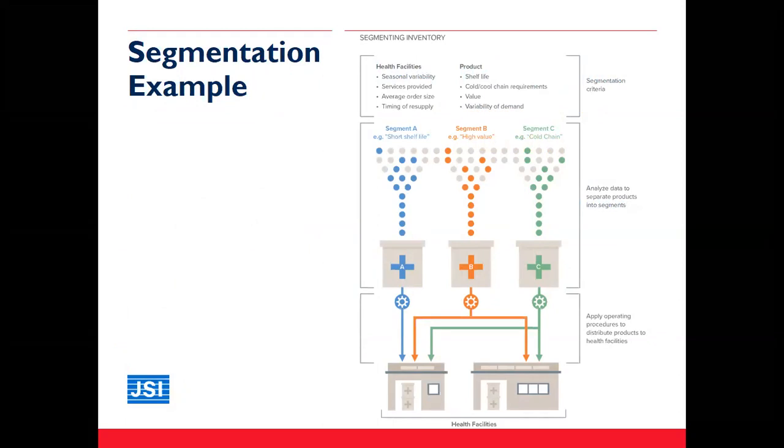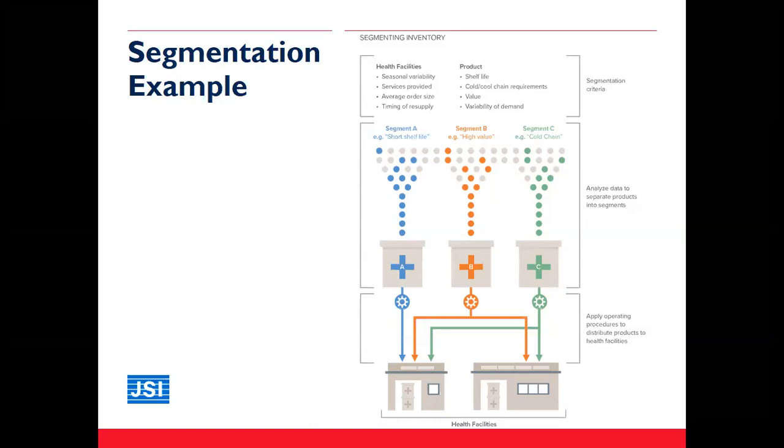If we remember from our segmentation examples in previous webinars, public health programs manage a large variety of products with many characteristics, going to diverse groups of clients through many different kinds of facilities. So if you procure, store, or deliver all of these products in the exact same way, it doesn't make sense, and you would not achieve 100% availability.